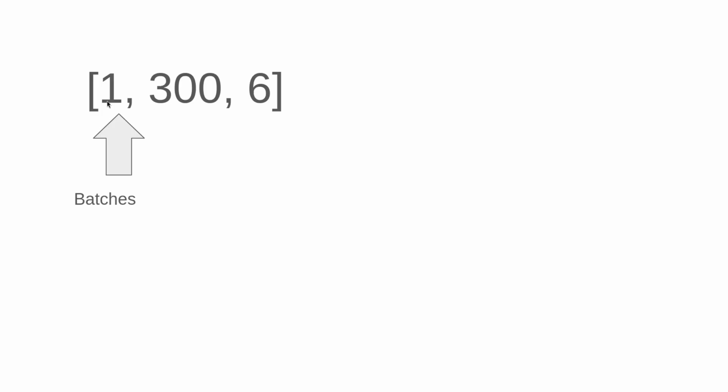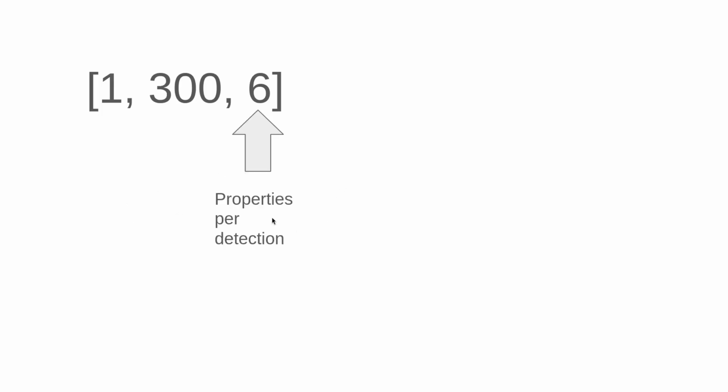And furthermore, our output tensor was of this shape. So just like before, the first number or the first index is going to be the batch size. The next number is going to be the number of maximum detections per image. And the last parameter is going to be the properties per detection. So in total, our output array size is going to be 1800 elements.